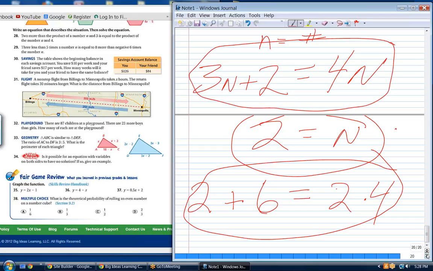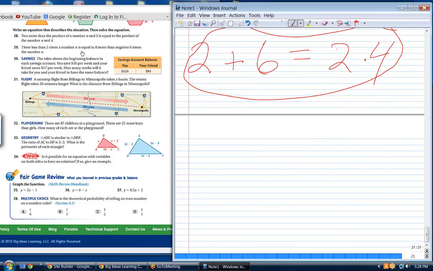Okay. Got time for maybe one more here. How about 29? So 29 is 5n minus 3 equals 6n plus 8.